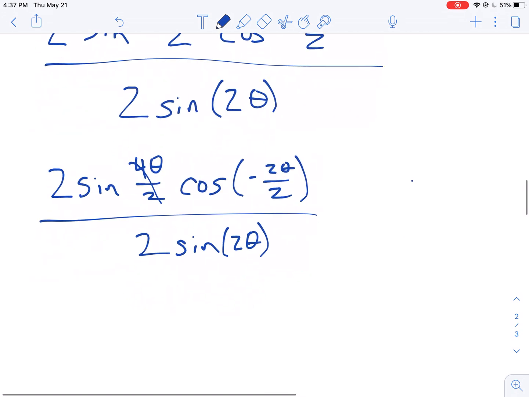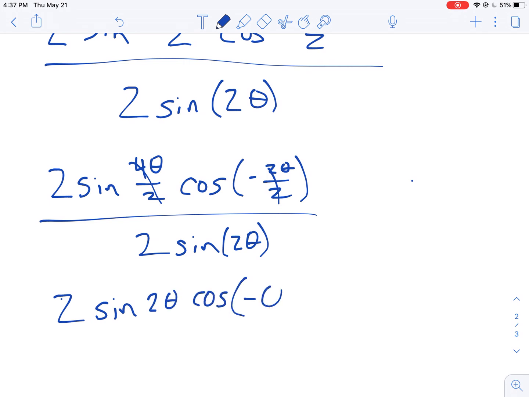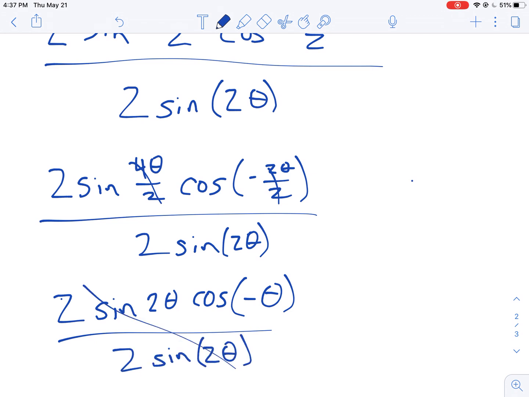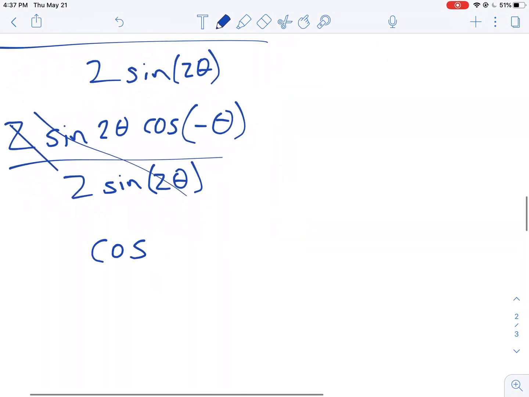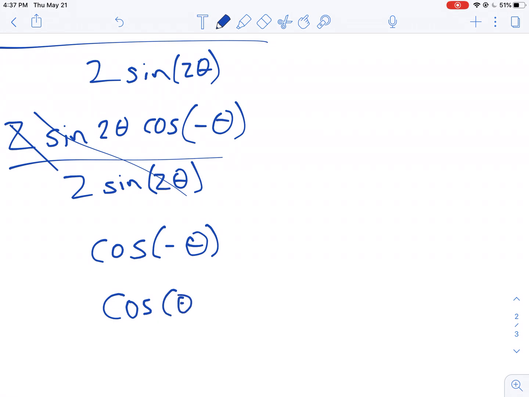These reduce. 2 times the sine of 2 theta times the cosine of negative theta, all over 2 times the sine of 2 theta. Well, those cross out, those 2's cross out as well. I'm left with the cosine of negative theta, which of course, when I use my even odd properties, just becomes the cosine of positive theta. So the cosine of positive theta is equal to the cosine of positive theta.